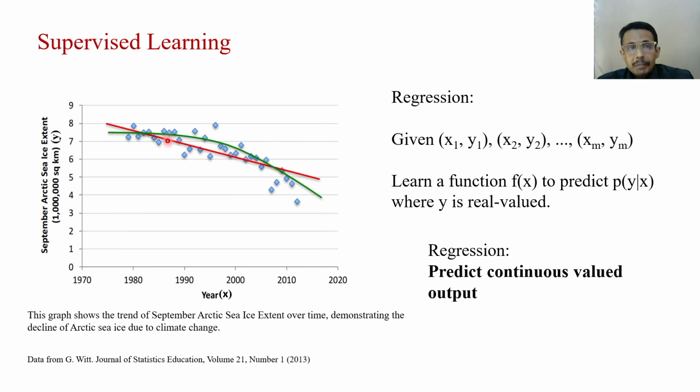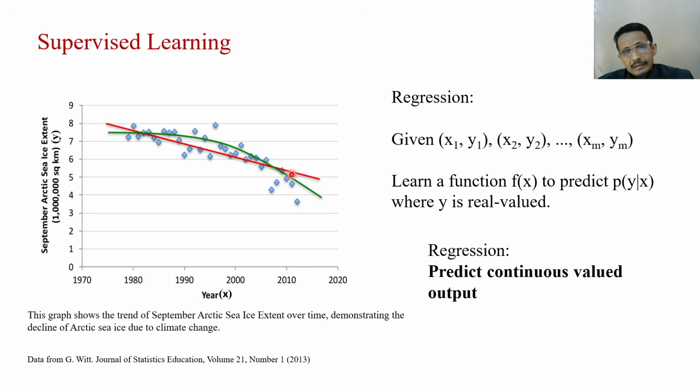So what is our goal for this regression? We can find a curve. That may be a line, which is linear regression, or it may be a curve, which is called curve fitting. So learn a function f(x) that predicts the output given x. If we can find such a function, later we will call it a hypothesis function.